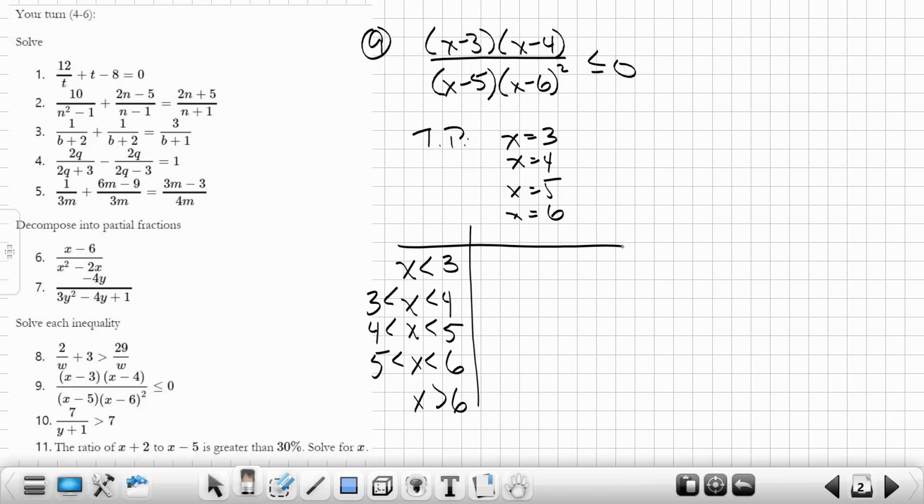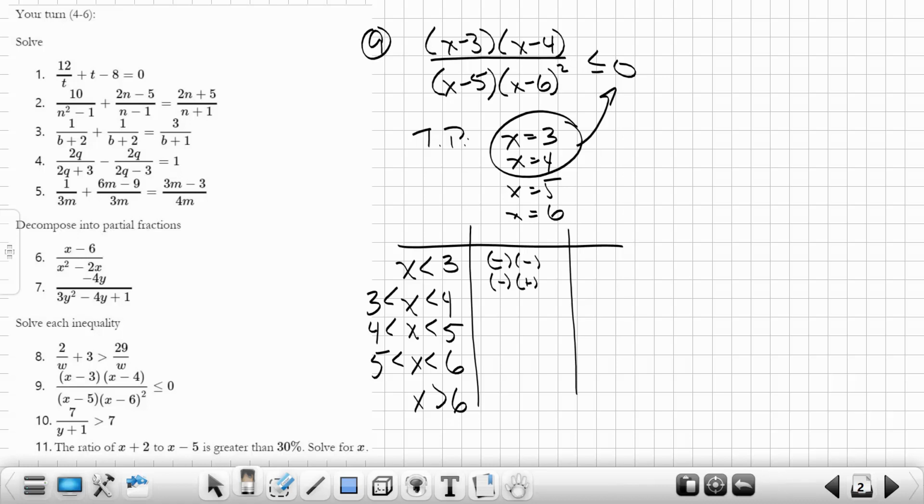And I'm looking for less than or equal to 0. Since it's less than or equal to, x equals 3 and x equals 4 will make me equal to 0, so those are two solutions. For less than 3, I'll get a negative, negative, and watch out for that squared right here, anything in there is positive.